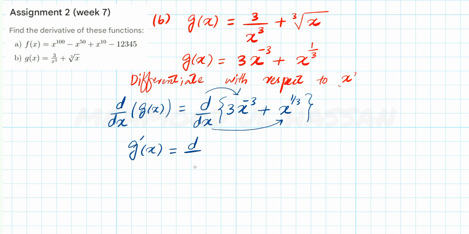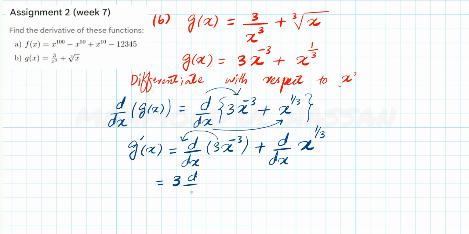So that is the derivative d over dx applied to 3 x to the power negative 3, then plus the derivative of x to the power 1 upon 3. Again here we will use the scalar multiple rule as well. So this scalar 3 will come out from the derivative, so that is 3 into the derivative of x to the power negative 3, and then plus the derivative of x to the power 1 upon 3.